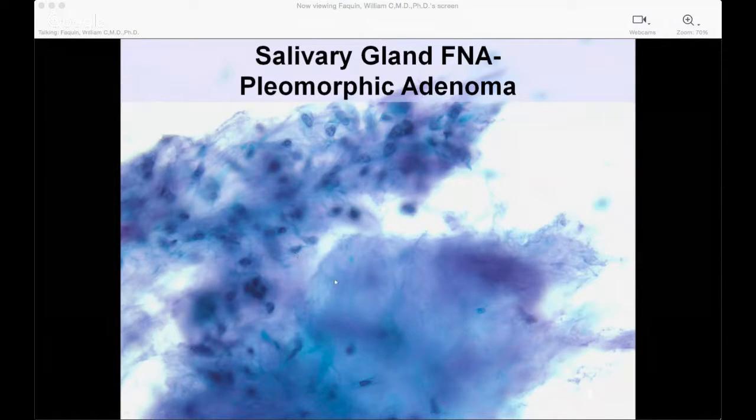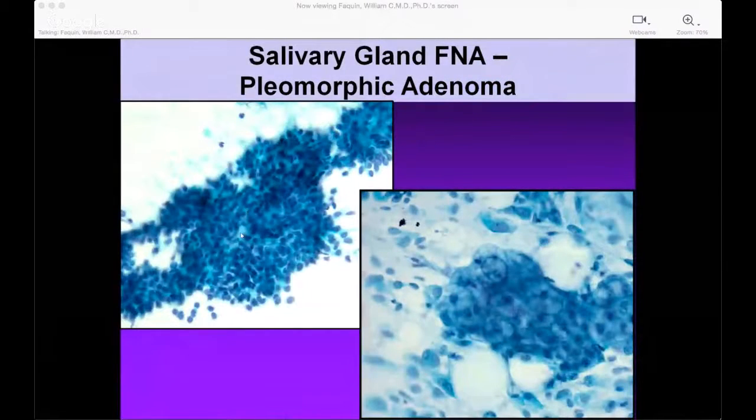And the good news is that salivary gland FNA, in the vast majority of cases, is able to make a definitive diagnosis of this tumor being benign and a pleomorphic adenoma. Of course, we recognize it by its very characteristic fibrous matrix material that can sometimes be cartilaginous, and the bland myoepithelial cells that are embedded within it.